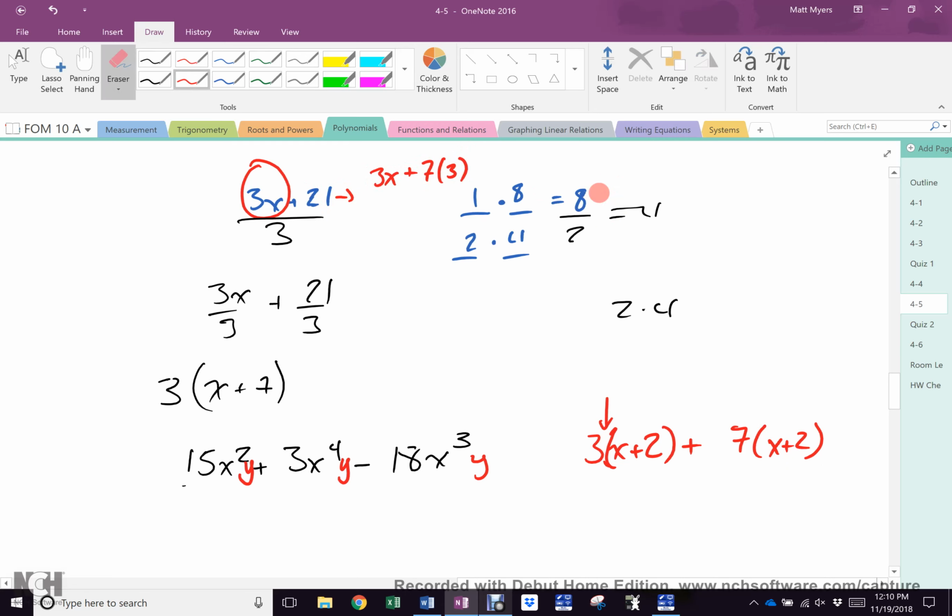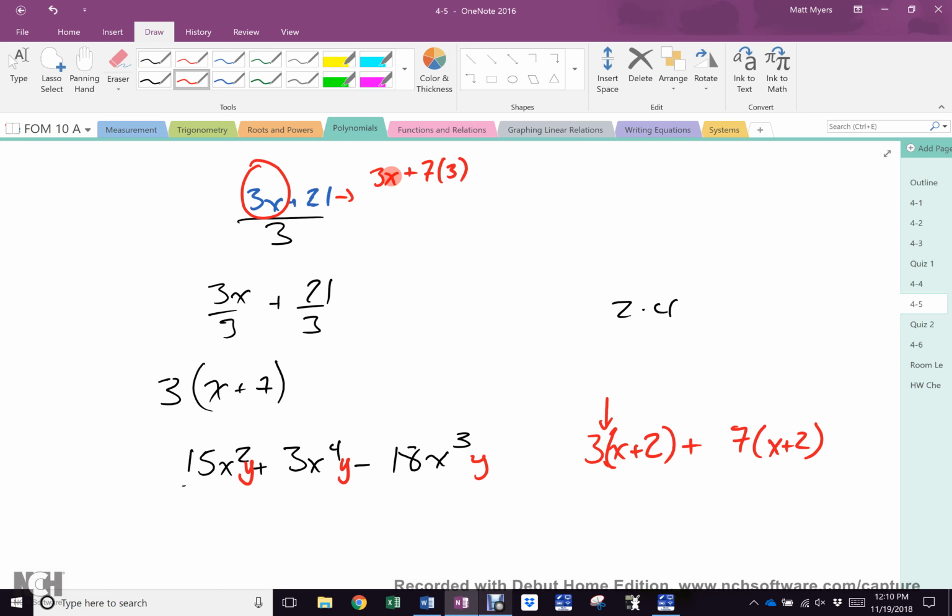What is happening in the top left? What's multiplying? 7 and 3. What's multiplying on the left in the top left? 3 and x. Are these both factors? What is a factor?